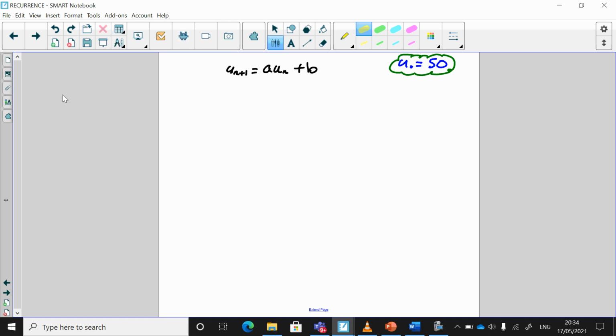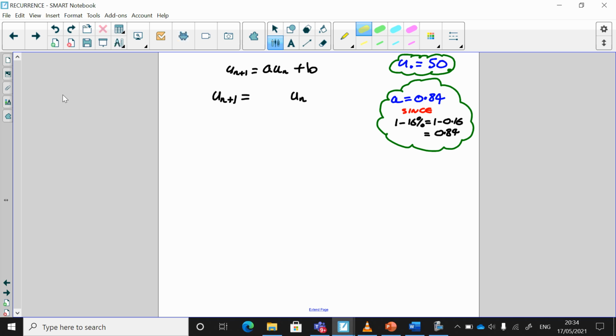That's U naught. A is related to the 16% that leaves the body. Okay, we're getting this set up. Why is it 0.84? Let's take away the 16%. We're interested in the amount that's remaining in the body. We get 0.84 remaining in the body.